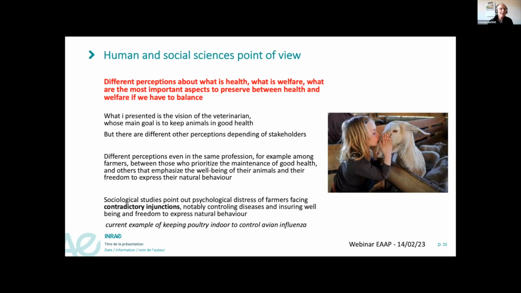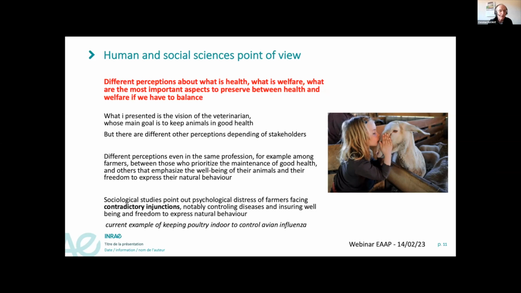Now, if we move to the human and social sciences point of view, it appears that there are different perceptions about what is health, what is welfare, and what are the most important aspects to preserve between health and welfare if we have to balance. What I presented so far is the vision of the veterinary profession, whose main goal is to keep animals in good health.